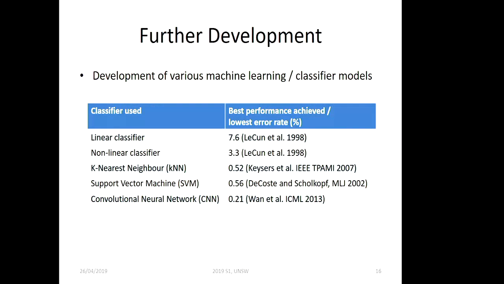With more studies, people started to develop other machine learning models for this area. We can roughly categorize them into linear classifiers, nonlinear classifiers, KNN, SVM, and CNN, which is the deep learning approach. I will not really go into these models.